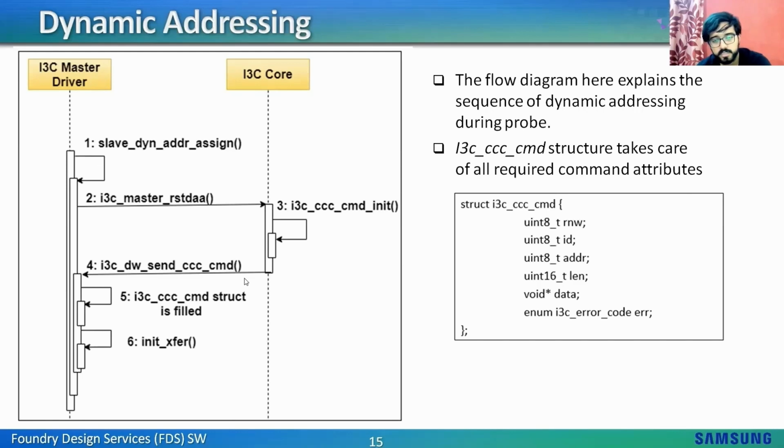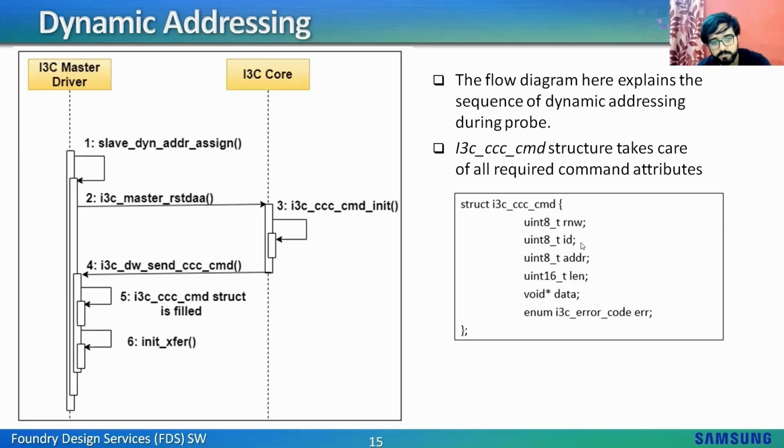This function uses another important structure called the I3C CCC command structure. You can see it here. This structure has members read and write variable. It tells whether master wants to read or write. Then we have the ID variable. It stores the unique command ID for different commands. Then we have the address variable.